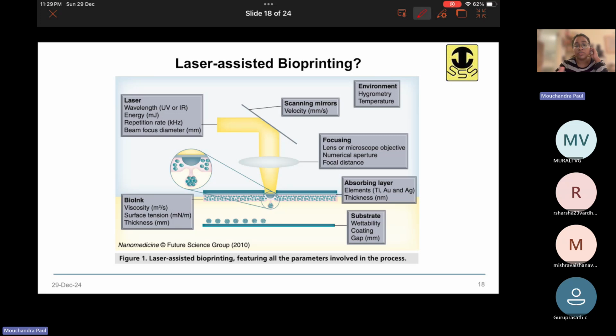Because here, for the formation of the droplet, what are you relying on? You're relying on the property of the absorbing layer and the formation of the vapor bubble and how big the vapor bubble is forming. So if the thick bioink layer is there and your vapor bubble that formed is very small, then it's possible that enough energy won't be there in the vapor bubble to create the droplet.